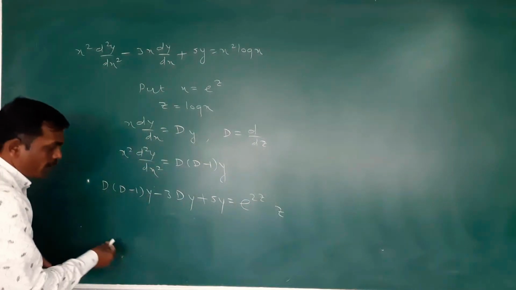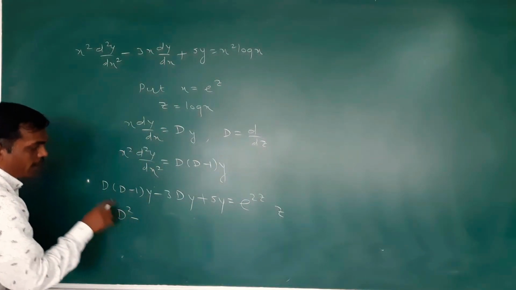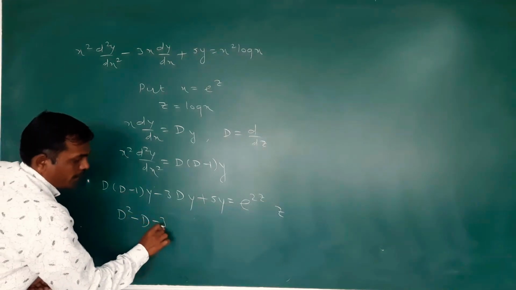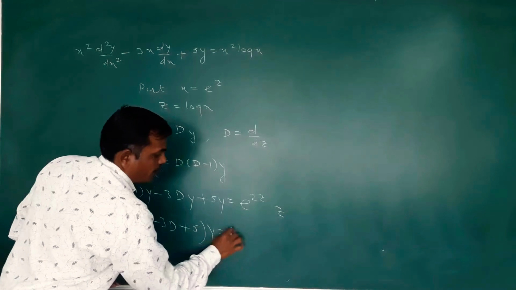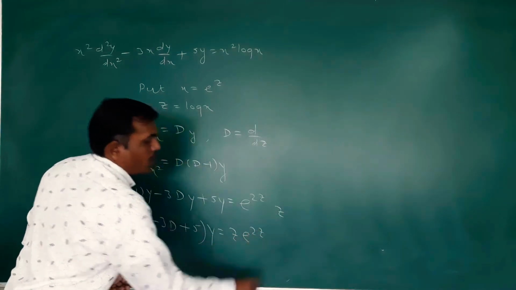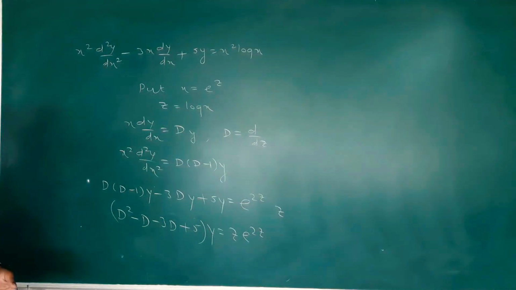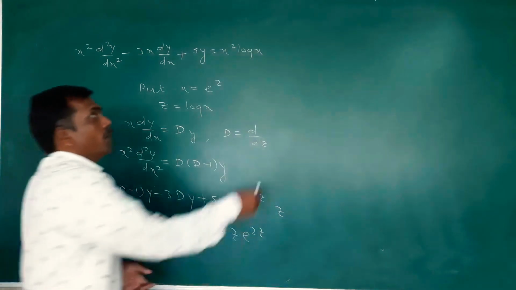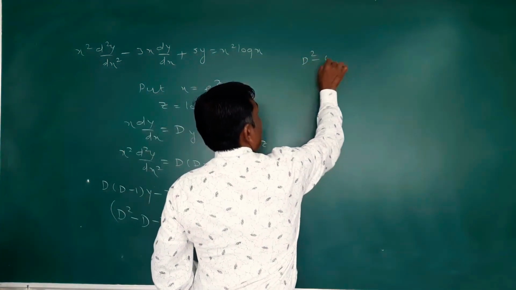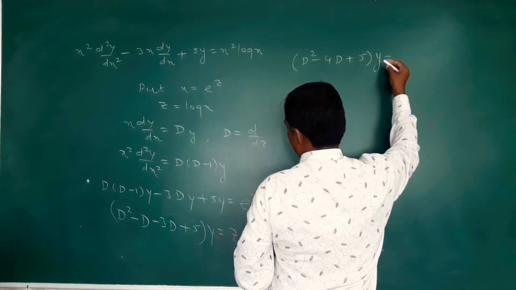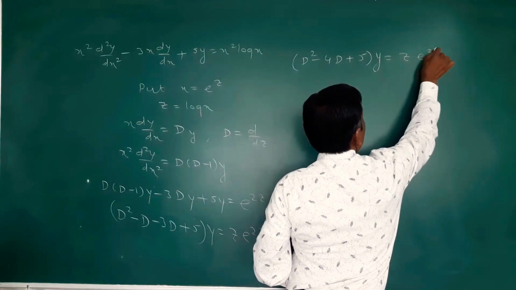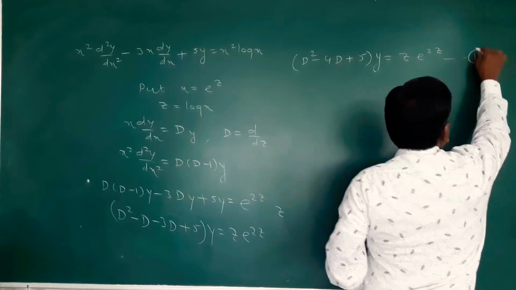If I simplify this, I get D square minus D minus 3D plus 5 operating on y is equal to z e raised to 2z. Now we will simplify. D square minus 4D plus 5 operating on y is equal to z e raised to 2z. This is my first equation.